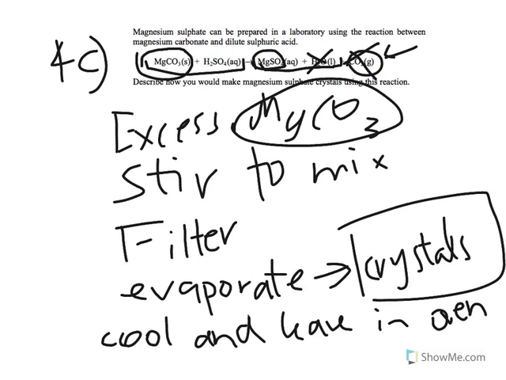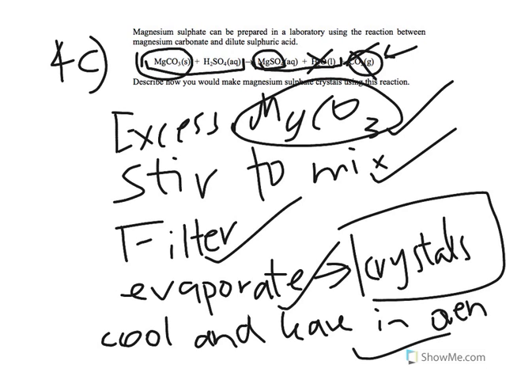And then only then will the crystals be formed. So in this case, you get a mark for saying excess MgCO3. You have to stir to mix, then you have to say filter, then evaporate, and then you say cool by leaving in an oven. Okay, so you say crystals will be formed, and you have to cool this and leave it in an oven, and the crystals will be formed. So you get 5 marks.